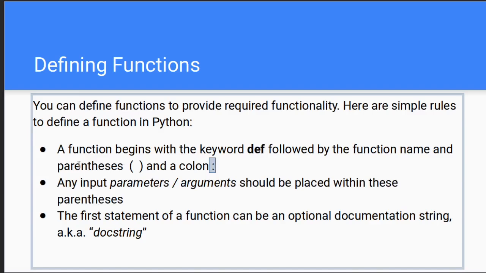This is similar. We're going to see this in a minute. Then you put any input parameters and arguments inside the parentheses. And the first line of your function could be just a string, and that will be what is called the docstring. We're going to look at that later.